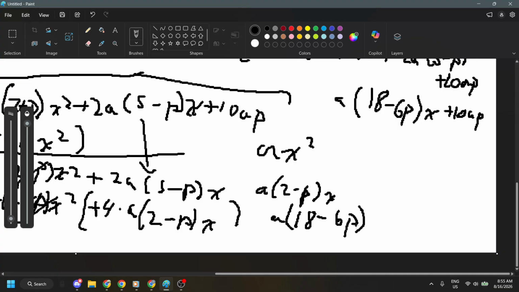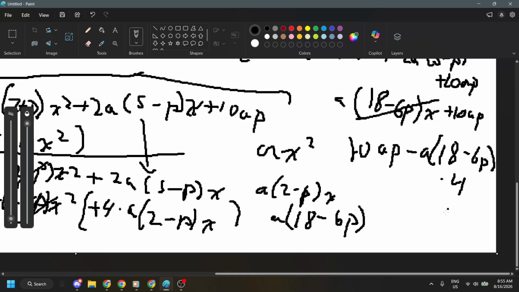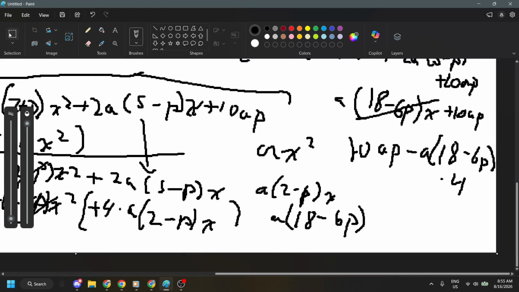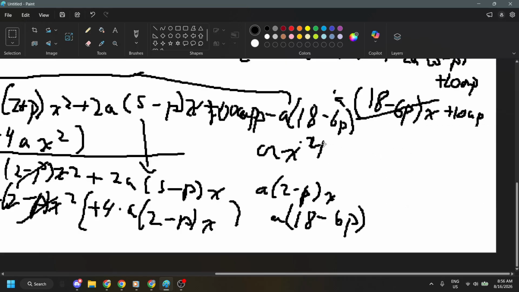You could factor out the 6, I see. So this cancels out, and then our final thing here is going to be 10ap. Oh no, this isn't that bad. Then we want to subtract a times 18 minus 6p times 4. Okay. Let me rewrite this. I'm going to bring this over here so I remember it.